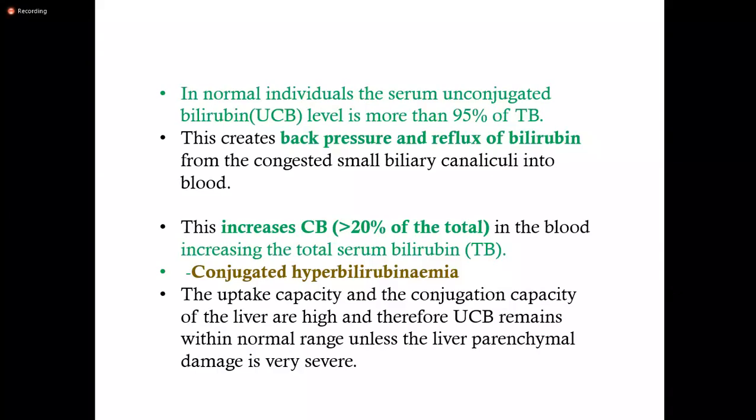Although there is hepatocellular injury, as the liver has a high capacity for uptake and conjugation of bilirubin, the unconjugated bilirubin level remains normal in the blood if the parenchymal damage is not very severe. That shows that you know this. Basically, the problem here is intrahepatic cholestasis.